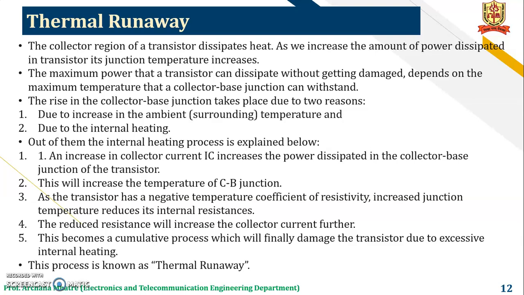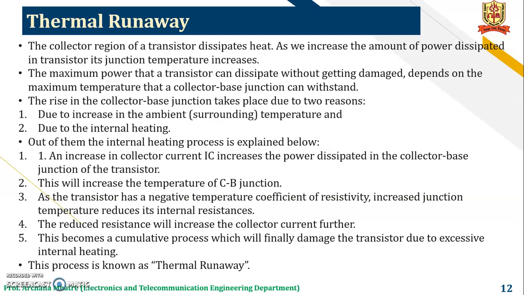First point is, an increase in the collector current IC increases the power dissipated in the collector base junction of the transistor. This will increase the temperature of the CB junction. As the transistor has a negative temperature coefficient of resistivity, increased junction temperature reduces its internal resistance.